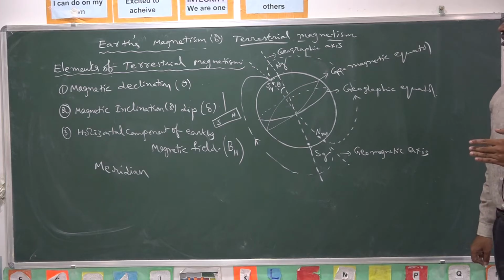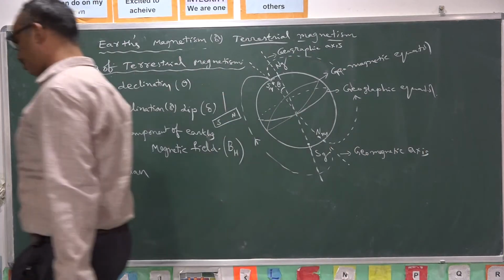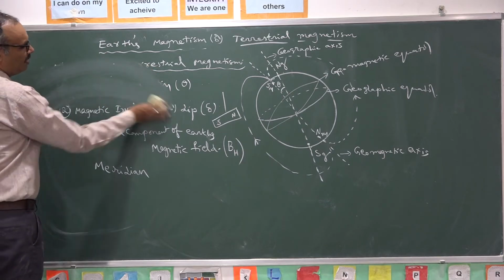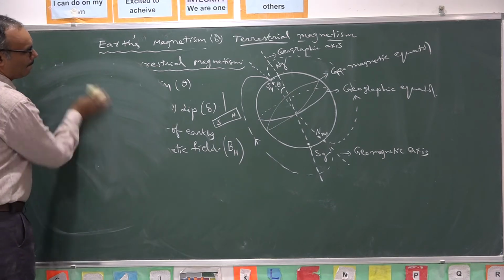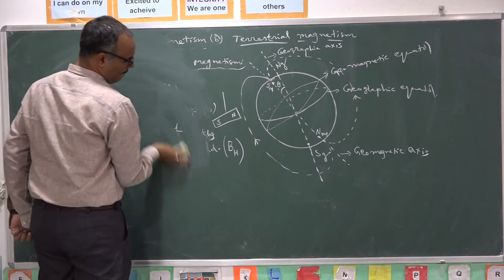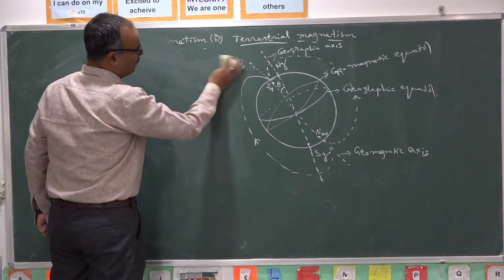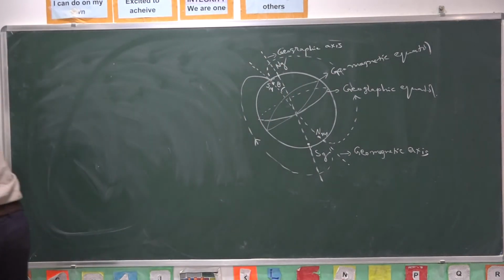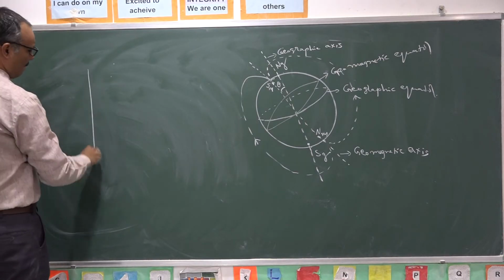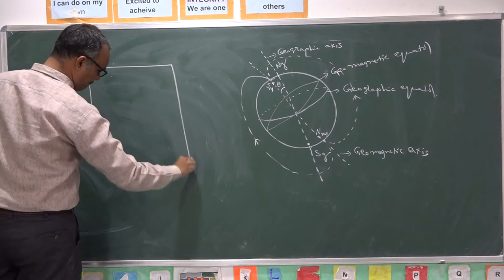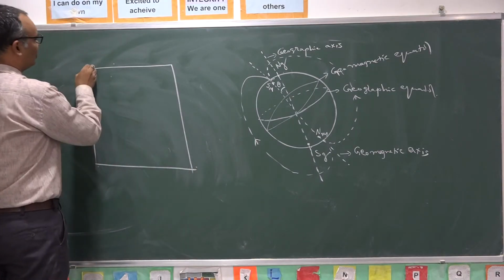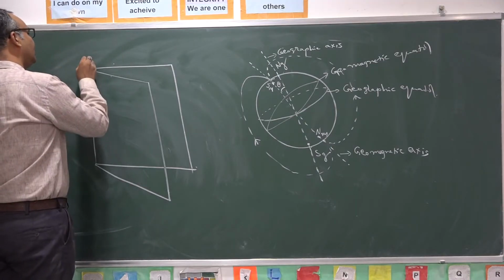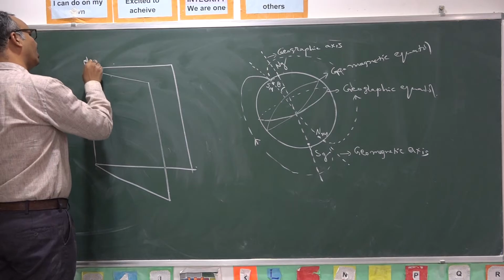In order to understand it in a simple way, let me draw one diagram. This is a vertical plane. This is another vertical plane. This is, suppose, geographic North Pole.